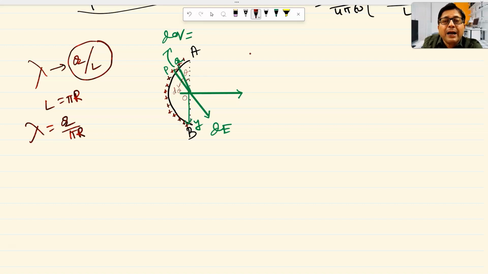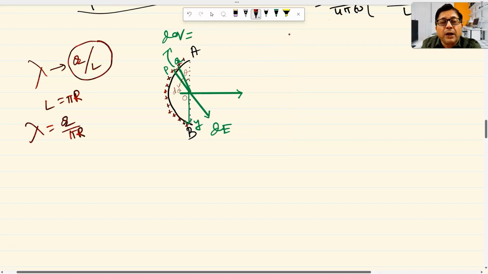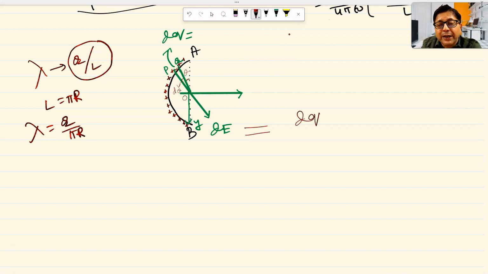So the electric field at O due to this elemental portion we need to find. How to do it? The value will be dq by 4 pi epsilon 0 r square. Radius of this ring we have considered r, so it will be dq by 4 pi epsilon 0 r square. What is dq? We have taken this d theta and this is theta. We will remember one trigonometry formula here, that arc PQ will be equal to r into d theta.